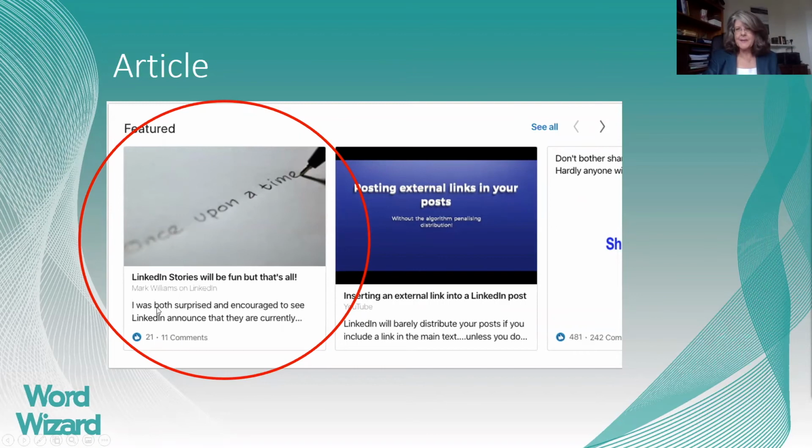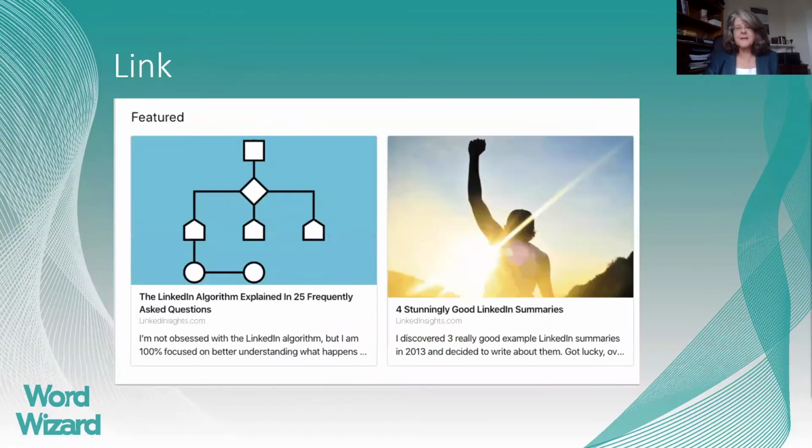If you're not happy with how it looks here, you can change it here without it affecting the actual article itself. At least that's what I understand. But please don't hold me to that if I'm wrong. Also, it comes with the metrics, so you can see here the number of people who have liked and commented on these articles.